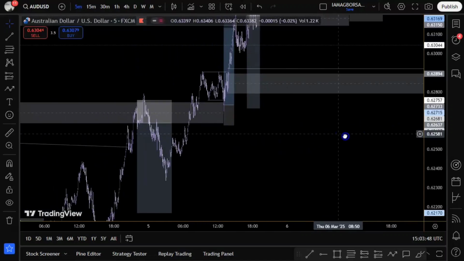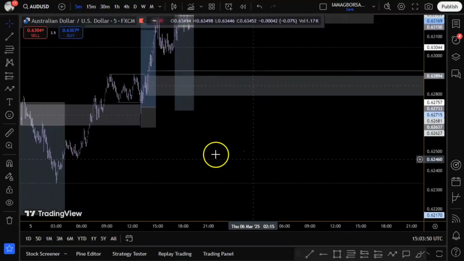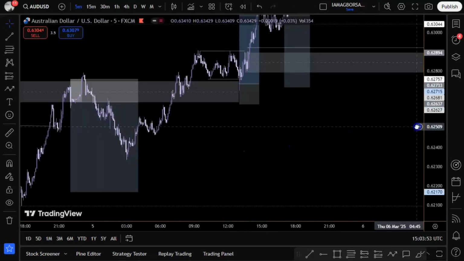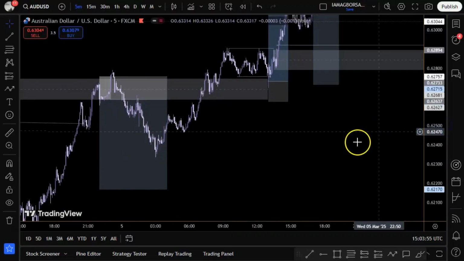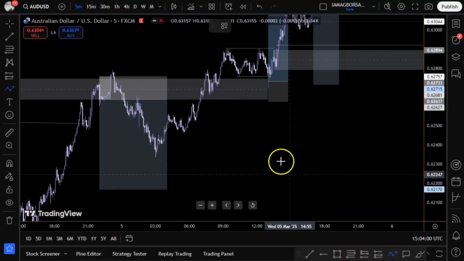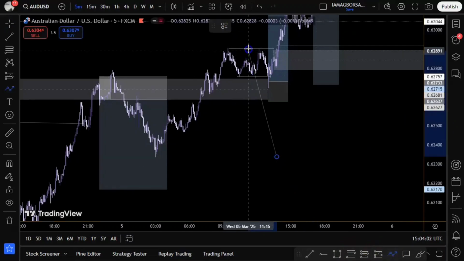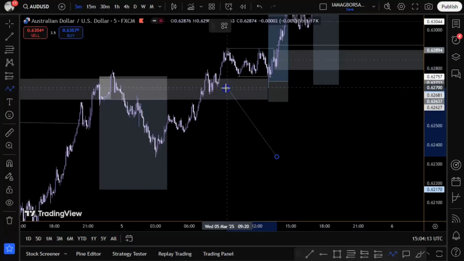If you're familiar with the concept of market maker logic, you would see that price was printing accumulation here. We had this high and this low printed, equal highs and equal lows. Remember this was a supply level that got violated, so price tends to retest that supply level before continuing its direction.